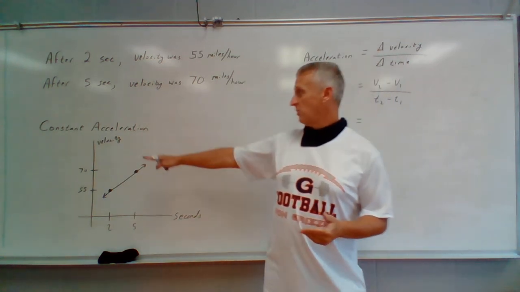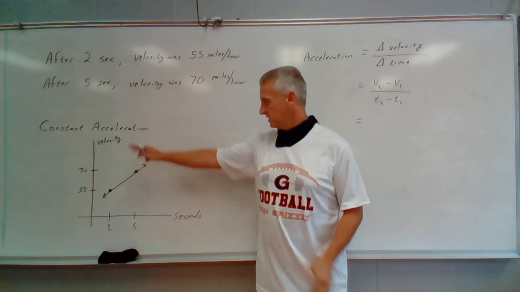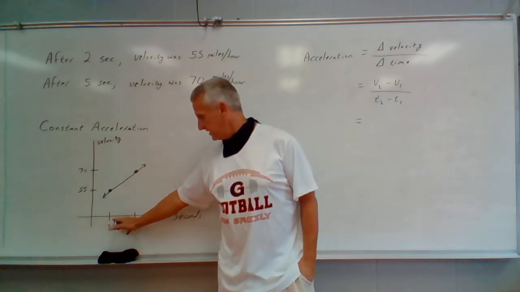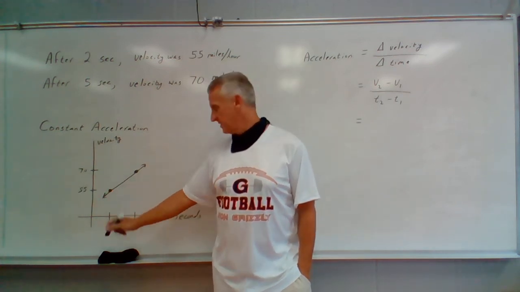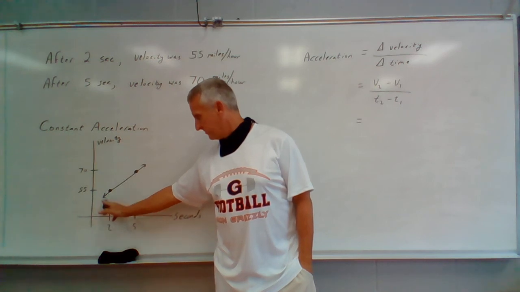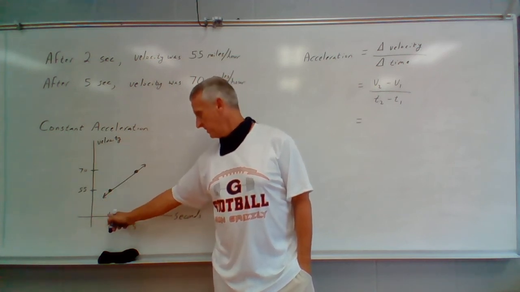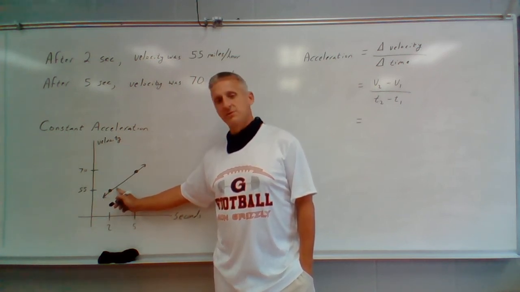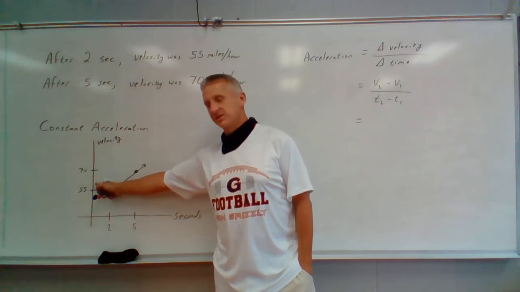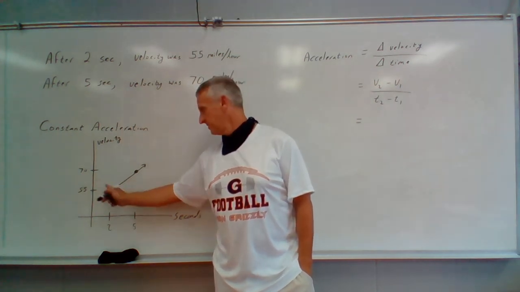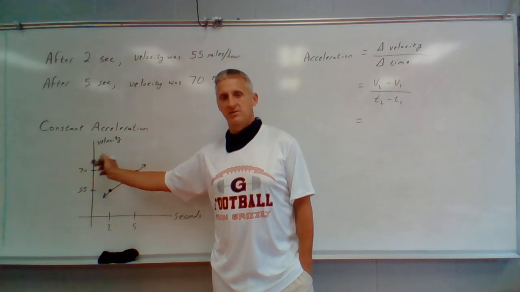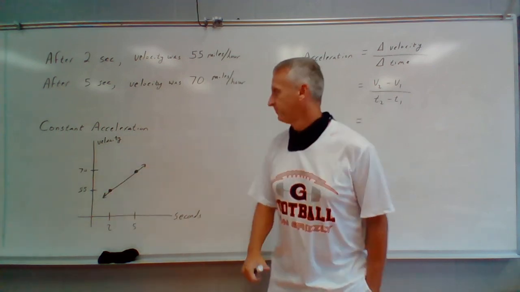And we're saying that it's always constant. Acceleration is always constant. So every second, the velocity will go up the same amount. So if the velocity was 55 miles an hour at 2 seconds, another second later, the velocity is going to increase by the same amount as it does the next second, or the next second. So we'll get this straight line.